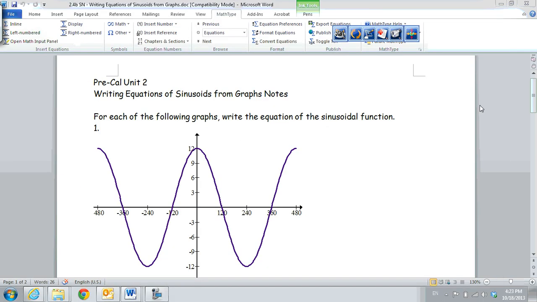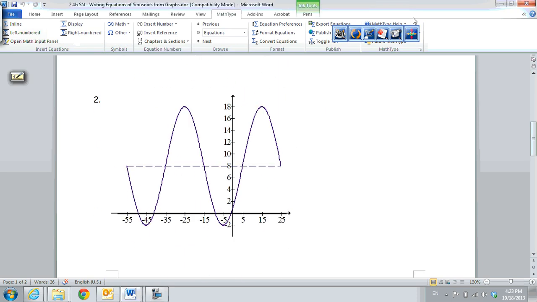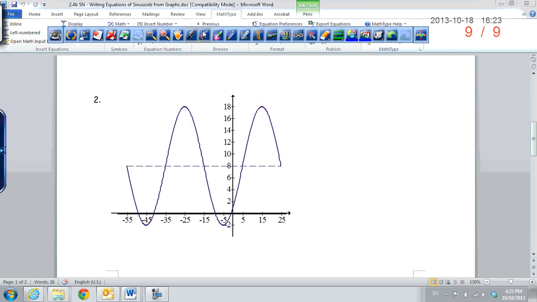Okay. Number two, that one does have some tricky parts to it. First thing, I think it's obvious that it's sine, but it's upside down. So I've got to remember that a negative should be there because it's flipped.